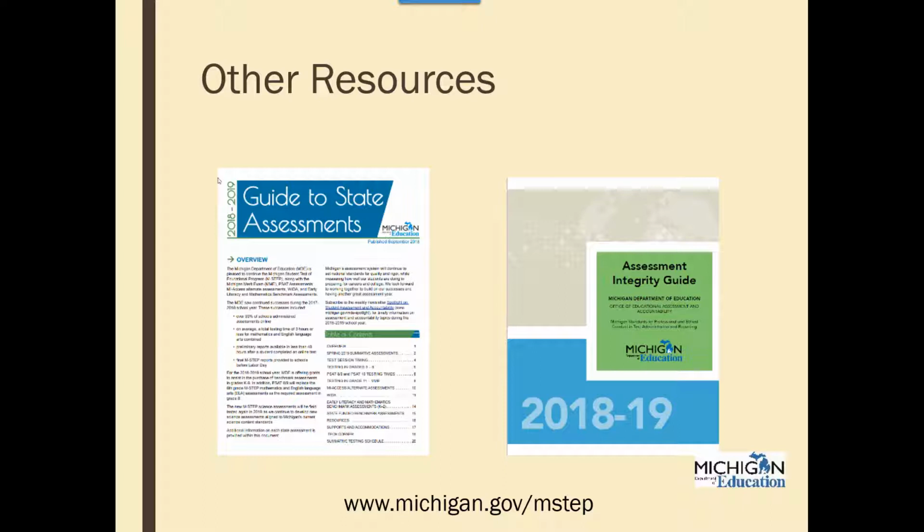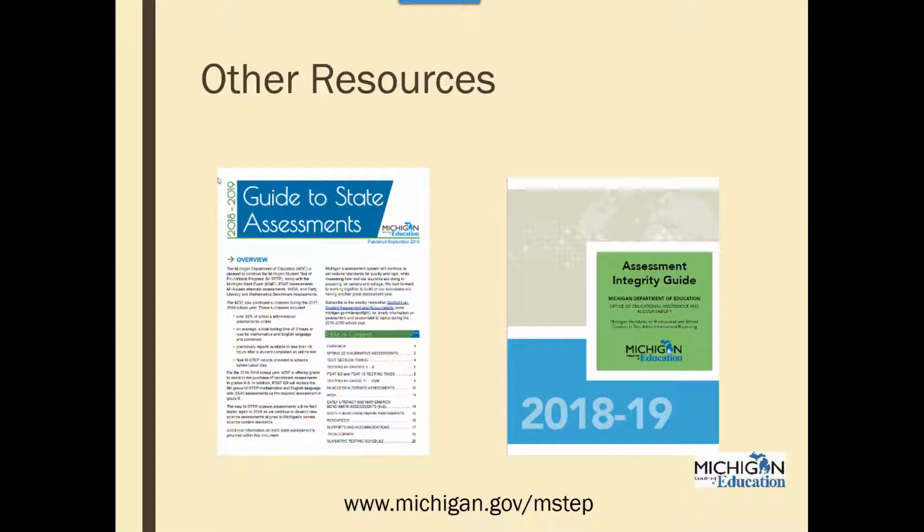The Assessment Integrity Guide provides information on the prevention and detection of testing irregularities and guidance for follow-up and resolution of any identified testing irregularity, in order to ensure all procedures before, during, and after the test administration lead to student results that accurately reflect a valid and reliable measure of each student's unique and true educational knowledge, skills, and abilities.